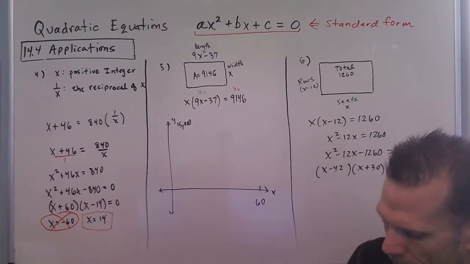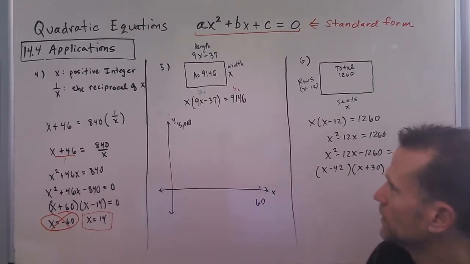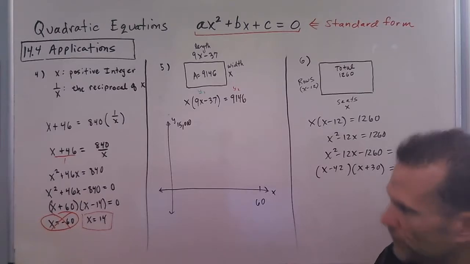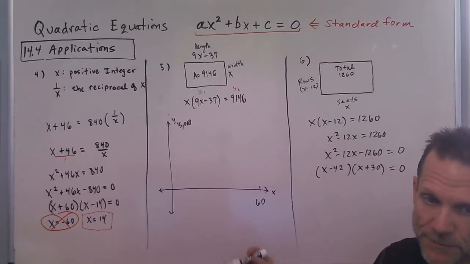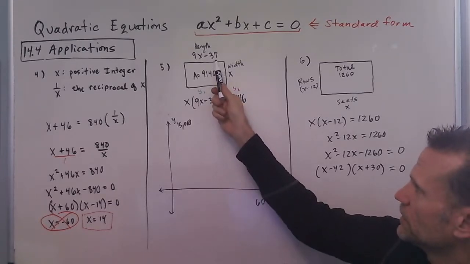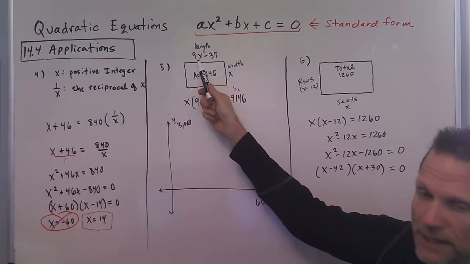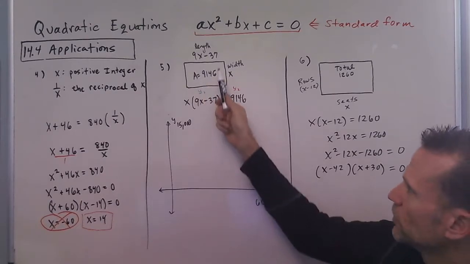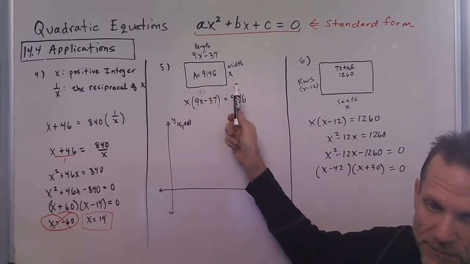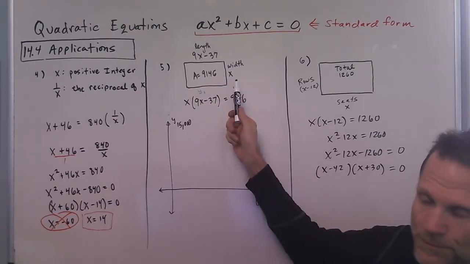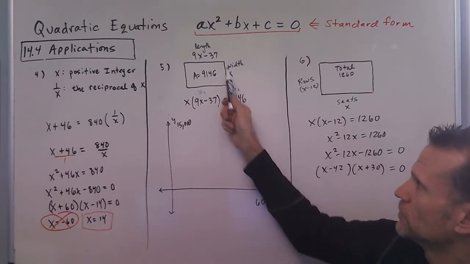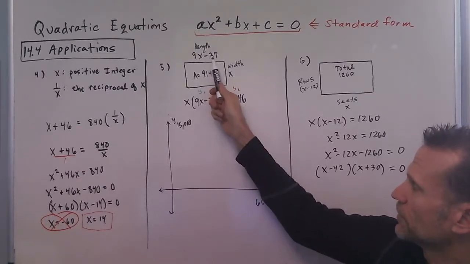Okay. Then this next problem states that the length of a rectangle is 37 less than 9 times the width. Okay, so the length is being explained in relationship to the width. So I formed this expression for the length.